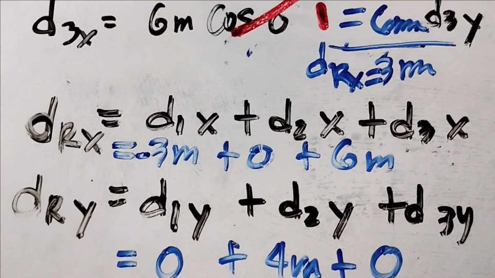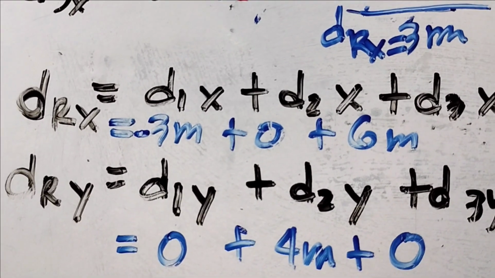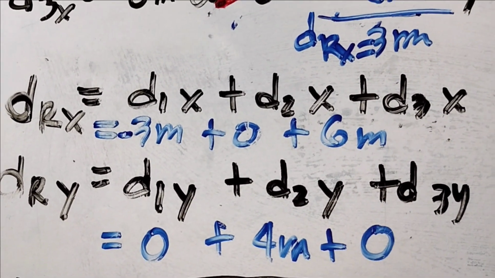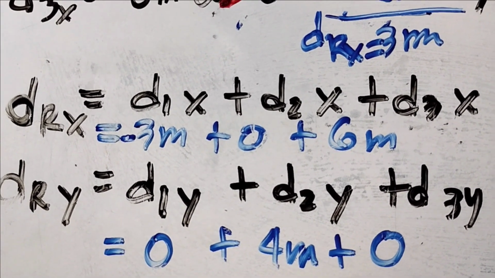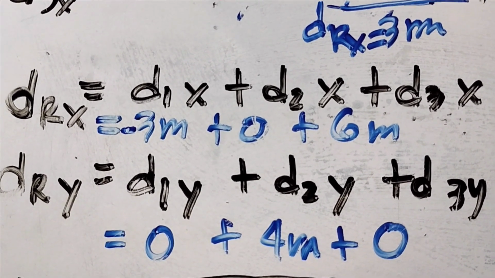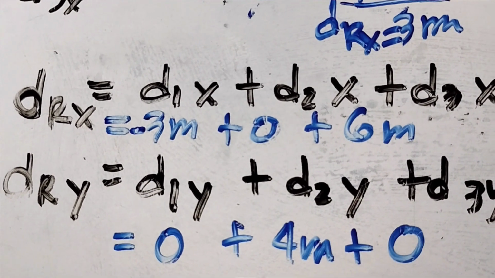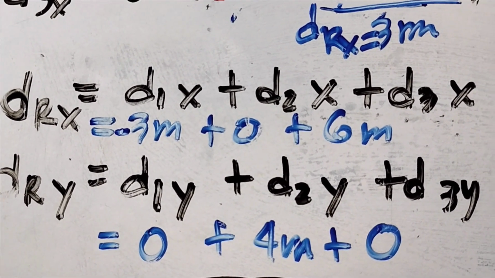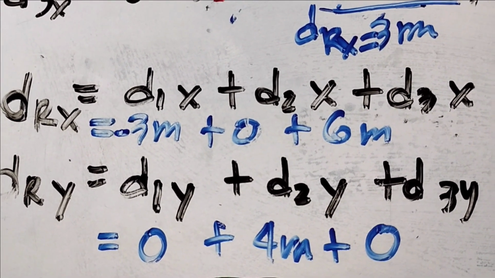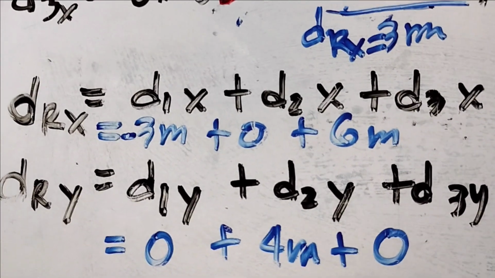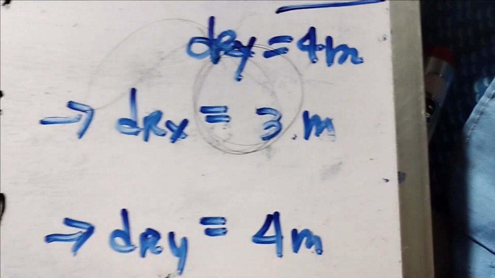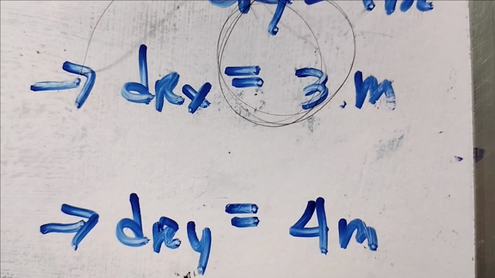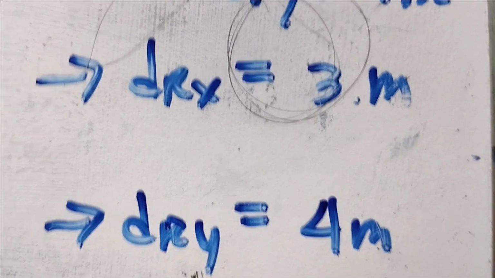Just recalling, DRx is D1x plus D2x plus D3x, that is negative 3 plus 0 plus 6, and DRy is D1y plus D2y plus D3y, that is 0 plus 4 plus 0. So if you get the sum, DRx is 3 and DRy is 4.